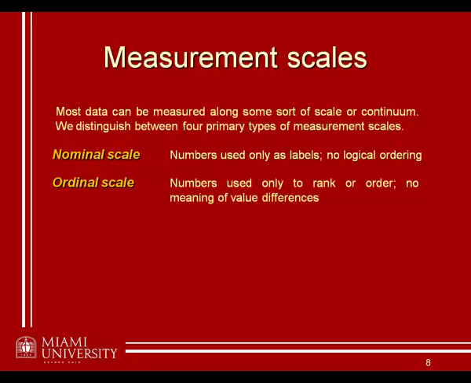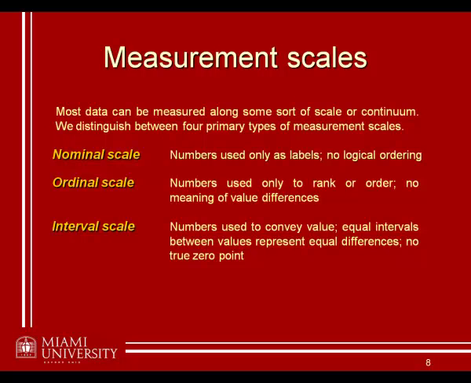Now, if there is a consistent difference between 2 points on the scale, then we move up in precision to what we call an interval scale. So now the numbers convey value in the sense that equal intervals between these values represent equal differences. However, one thing an interval scale doesn't have is a true 0 point.